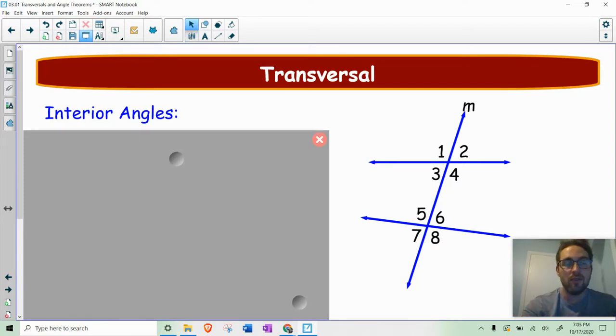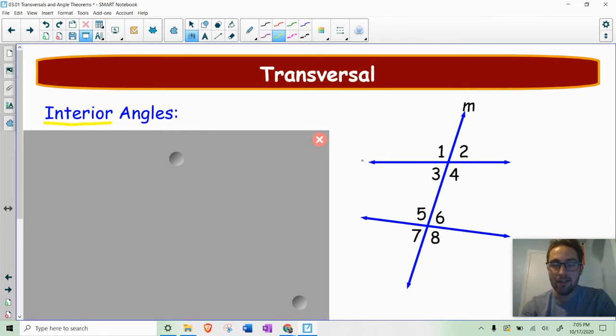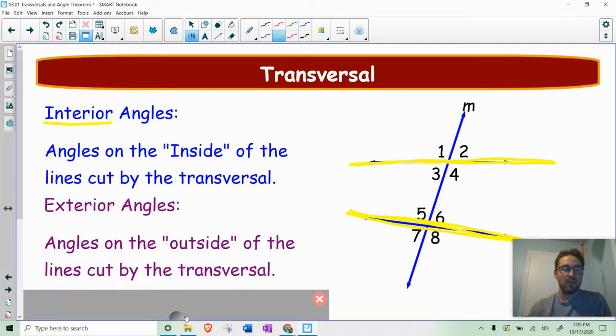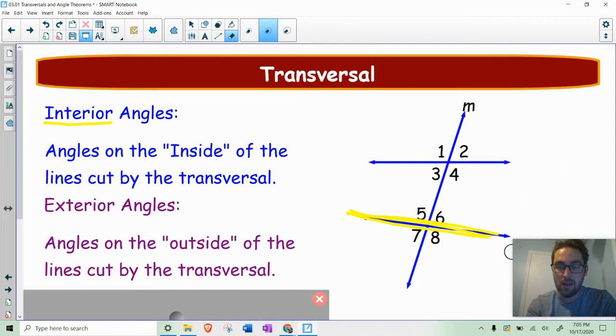I want us to think about interior angles. So interior means they're going to be inside or in between the two lines. So interior angles are angles on the inside of the lines cut by the transversal. Here, our interior angles would be angles 3, 4, 5, and 6.